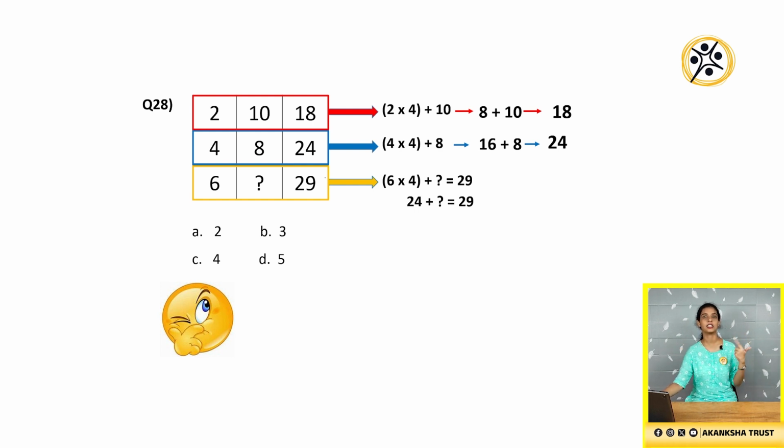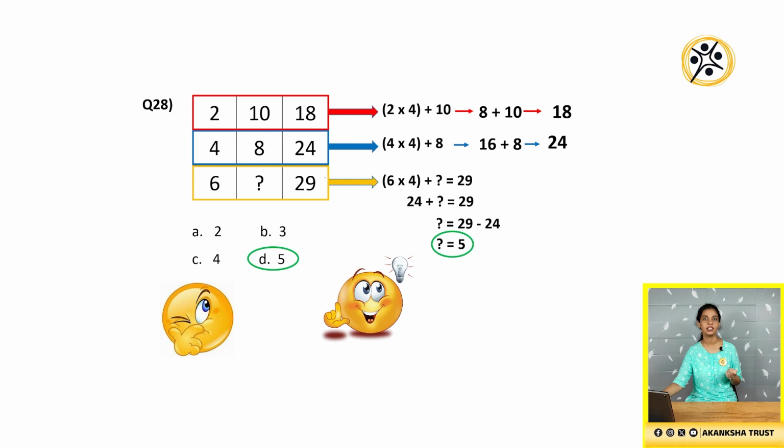So we know 6 into 4 is 24, 24 plus the missing number is 29, and to find the missing number we just have to subtract 24 from 29, that is 29 minus 24, 5 is the missing number in this case, and we have 5 in option D.